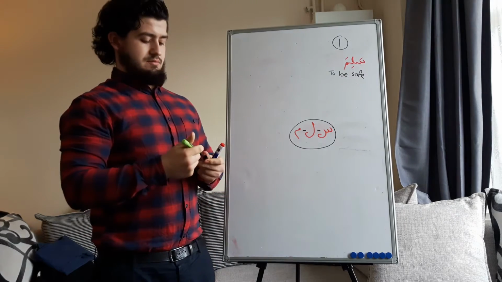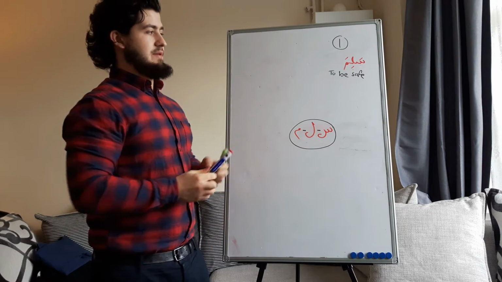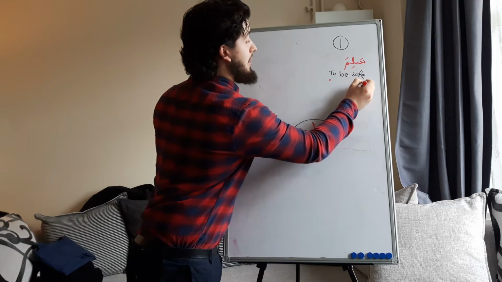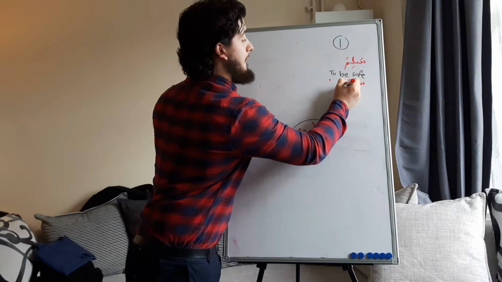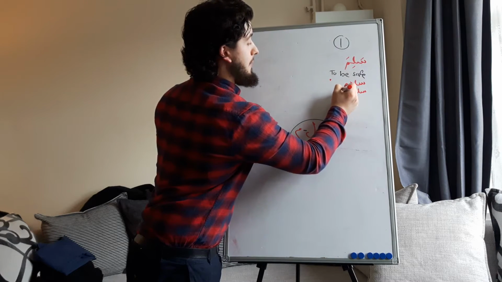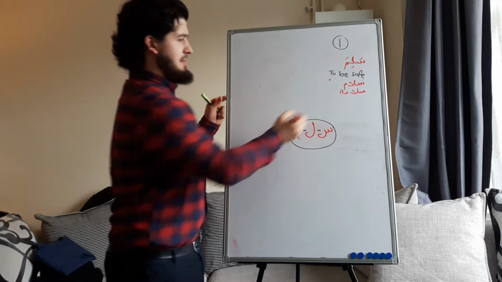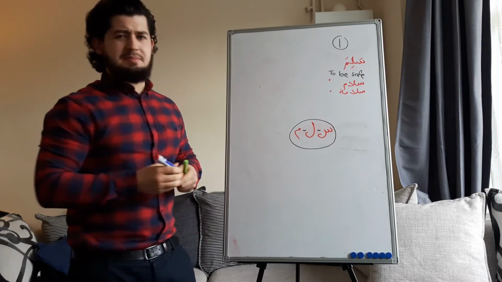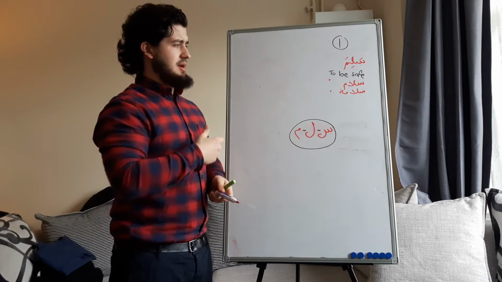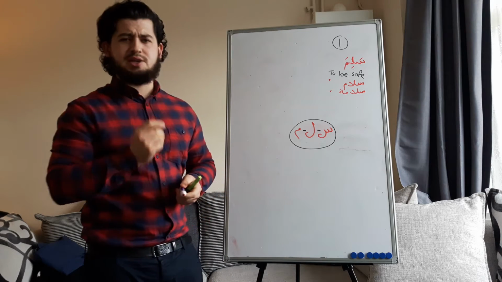And from that verb, salima, you get words like salam and salama. Salam and salama do really mean peace. That's fairly accurate to say that words from salima, like salam and salama, do actually mean peace.